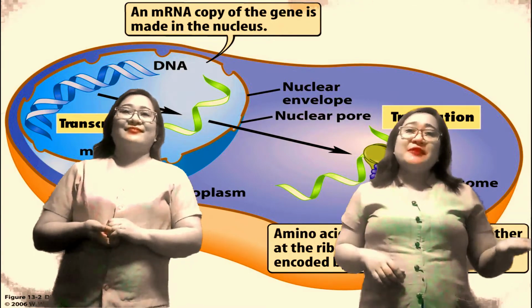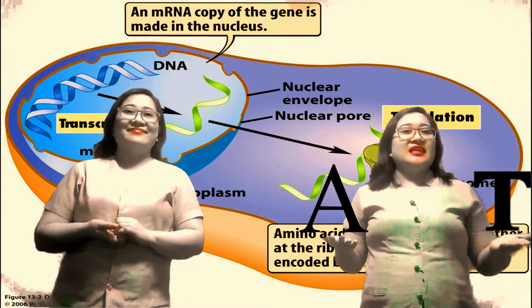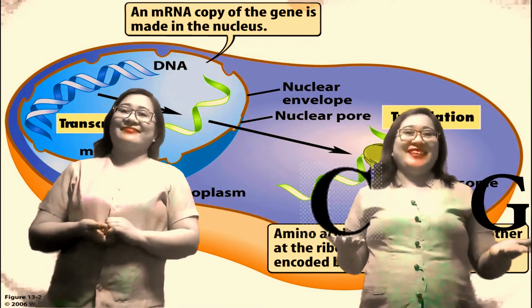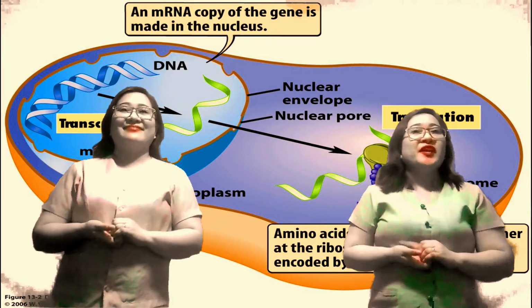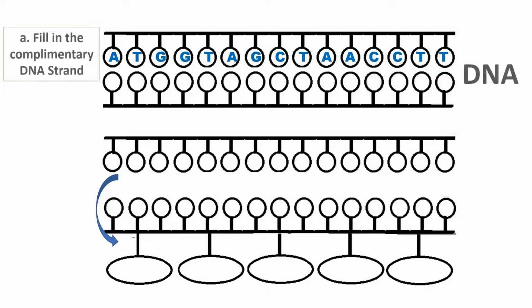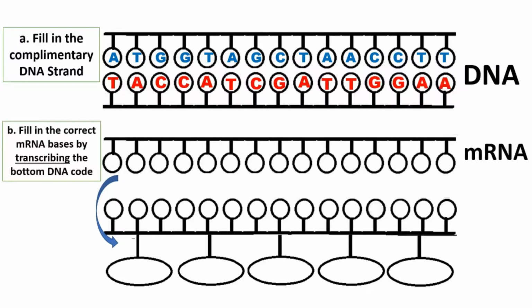Remember, thymine pairs with adenine and guanine pairs with cytosine. So here, the complementary DNA strand is T, A, C, C, A, T, C, G, A, T, G, G, A, and A.